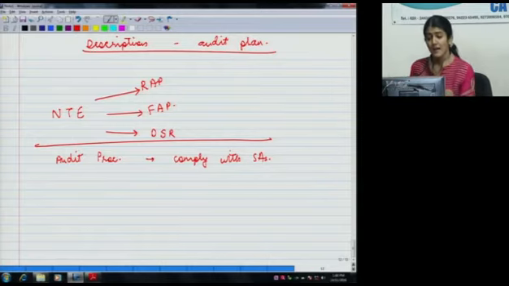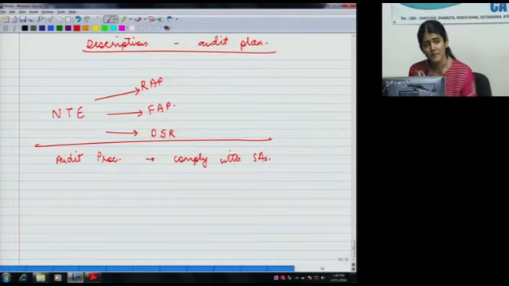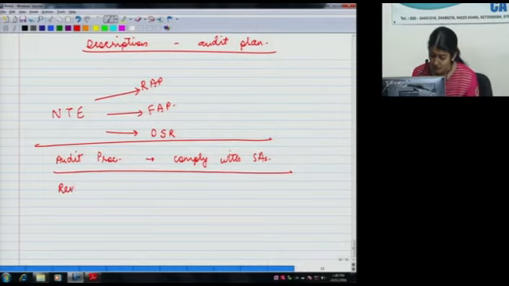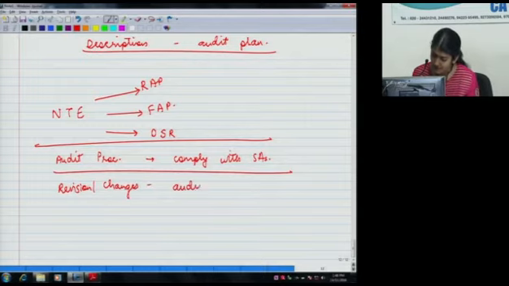And can it so happen that sometimes in the audit you revise your audit plan or strategy? Right. So any revision or any changes made to the audit plan or strategy, even that should be documented.